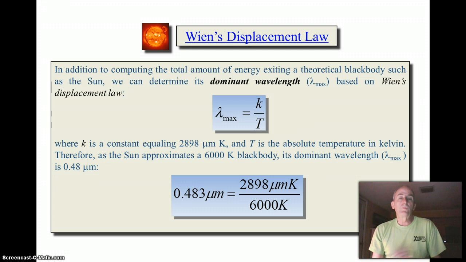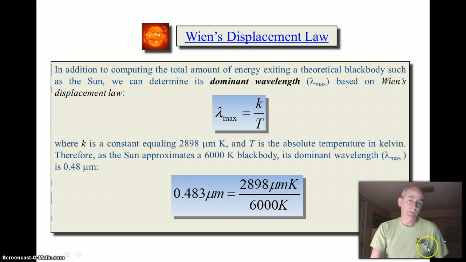We use Wien's displacement law. This maybe refers better back to those Blackbody curves, but we use Wien's displacement law, knowing either the wavelength, to calculate the temperature of an object that we're looking at with a remote sensor, or knowing the temperature of the object, then calculating what the peak emissive wavelength of that body would be.